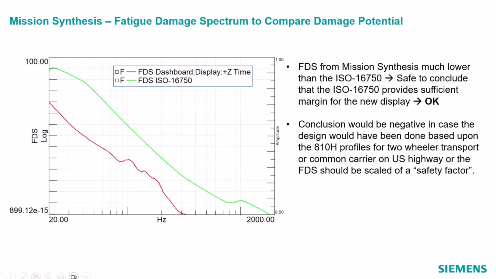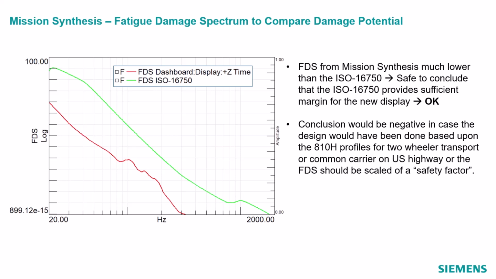Got one more slide here before we jump into a demo, but just to expound a little bit more on the fatigue damage spectrum. Here I'm showing the fatigue damage spectrum from 2 different tests. One is a real test, so some accelerometer data taken on the dashboard of the vehicle, and the other is a fatigue damage spectrum derived from an ISO vibration profile.